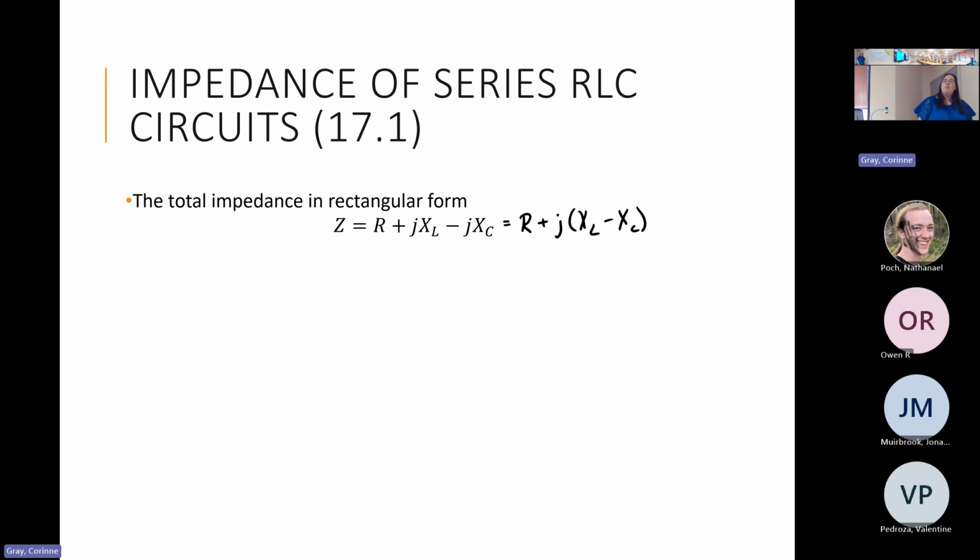How did we find polar form previously? Just use the Pythagorean theorem. What do you think we do with the Pythagorean theorem once we have three terms in this particular case?